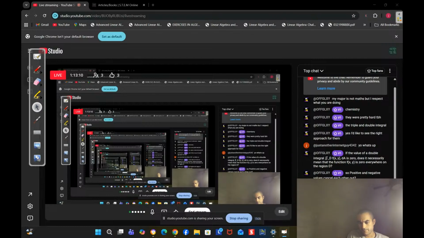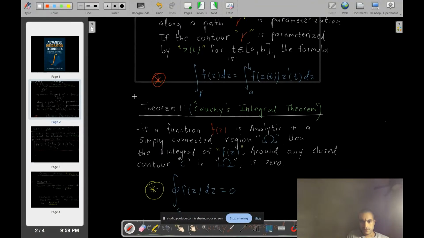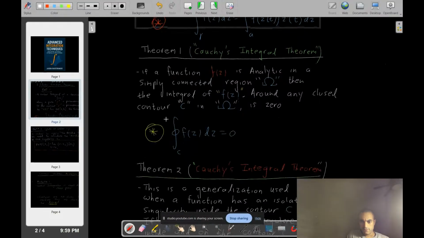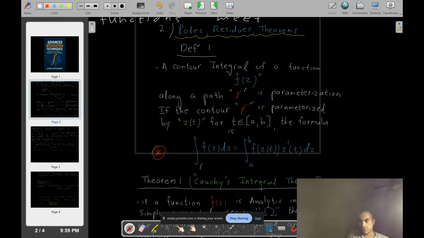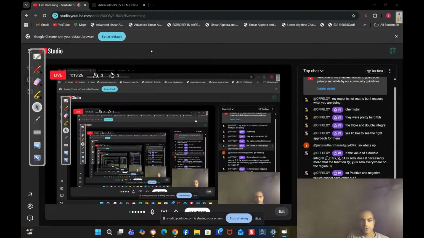Is that okay? Let's go back here, unless there's a question. So the entire region has to be 0, because we're taking a double integral, and we found that our double integral is 0.